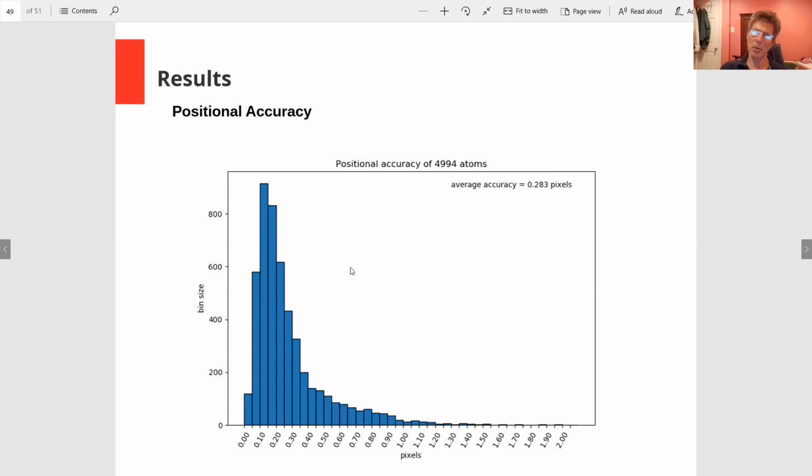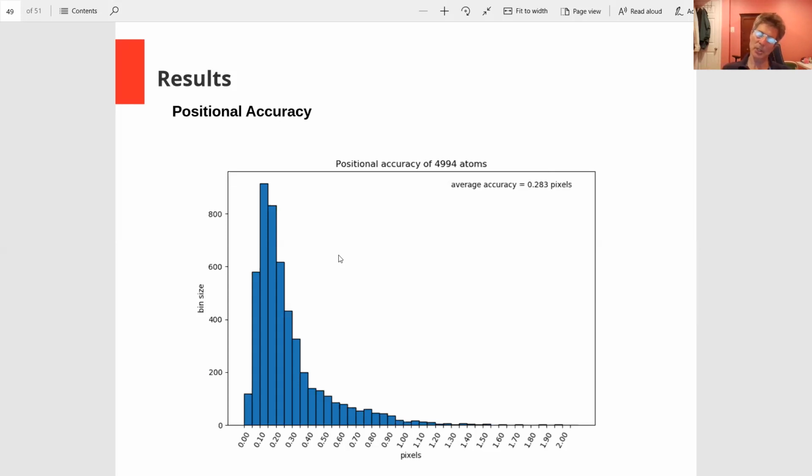And once you have the atoms, one thing that I mentioned early on in the talk, but I'm going to mention again, is that when you have the output density map, you can calculate an atom position using a pixel and its neighbors and doing a kind of weighted average of those pixels to get an atom position.